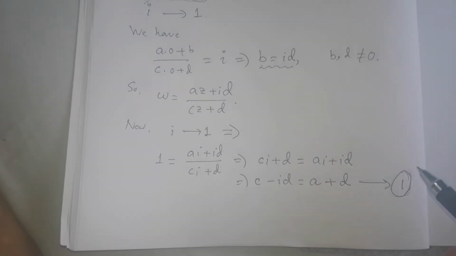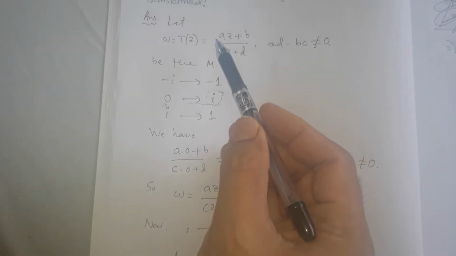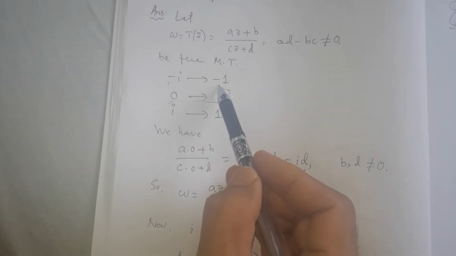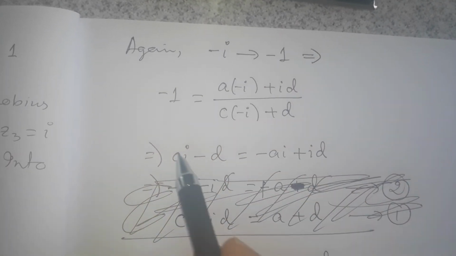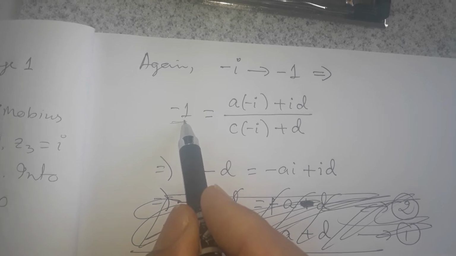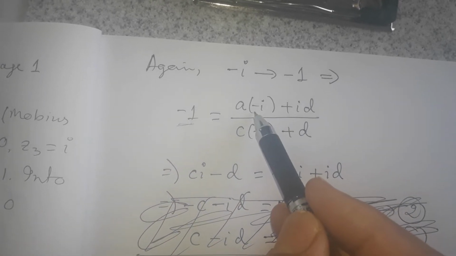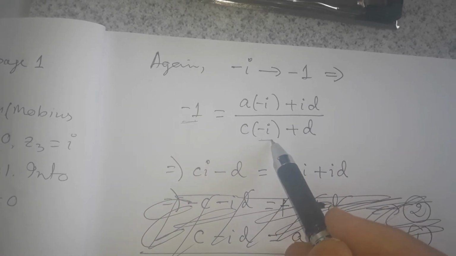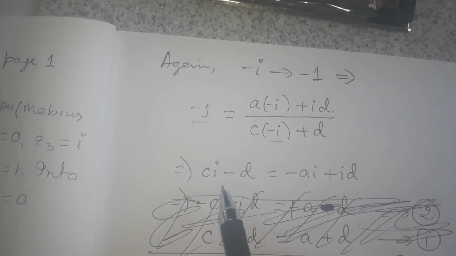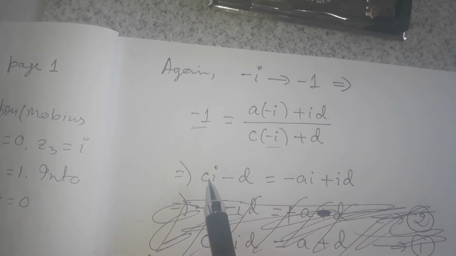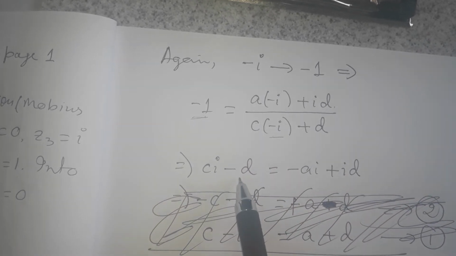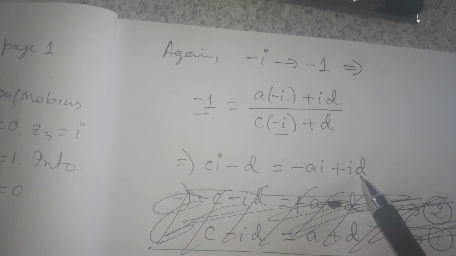Then what is the other point? The third point was this one: minus i goes to minus 1. So w is minus 1 and z equal to minus i, with id in the numerator and denominator. If I transfer this to the side, I will see that this is ci minus d, and this is minus ai plus id.